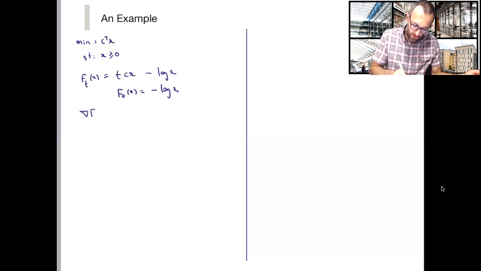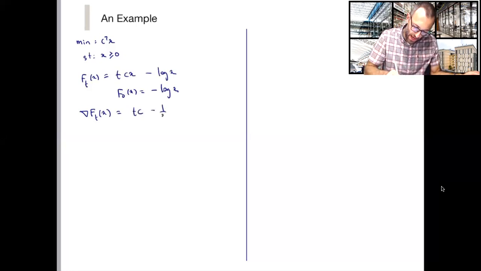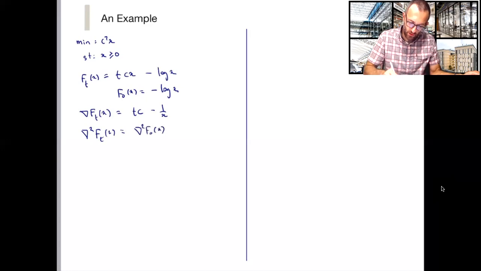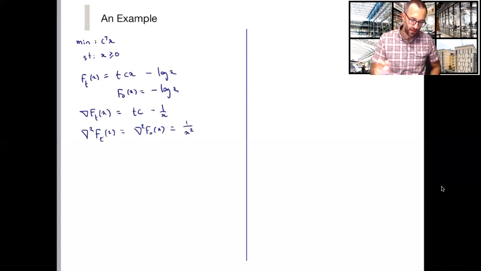The first derivative of ft of x is equal to t times c minus 1 over x, and its Hessian, or just its second derivative, is again going to be the Hessian of f0, which is just 1 over x squared. Non-negative, it's convex.